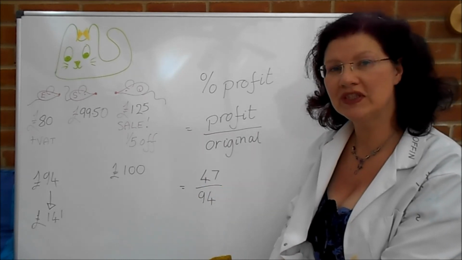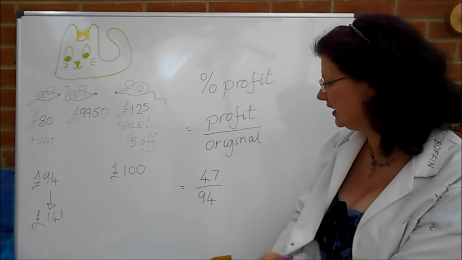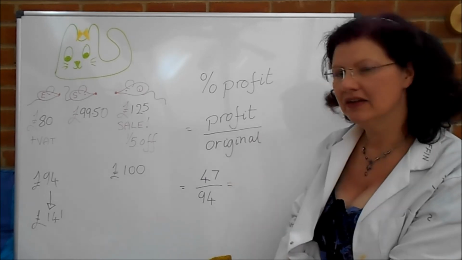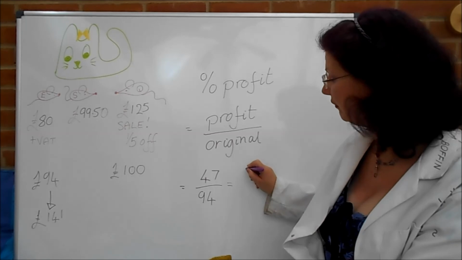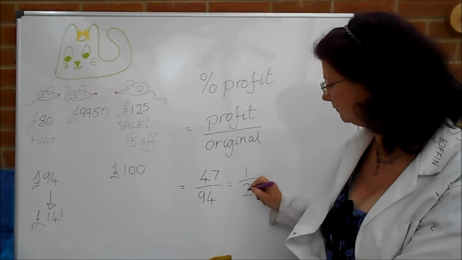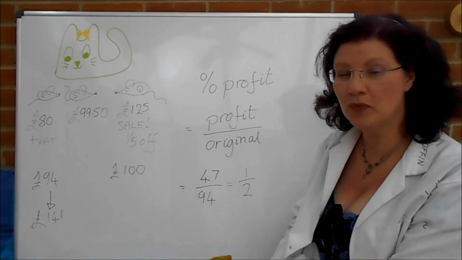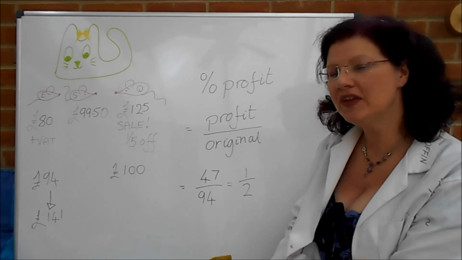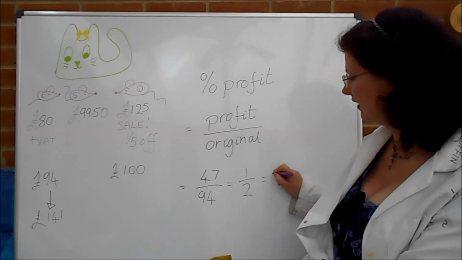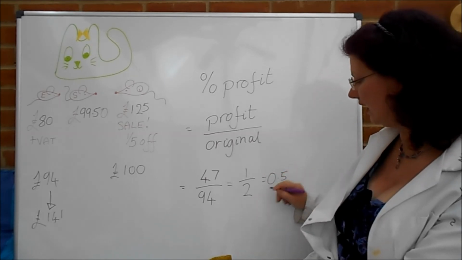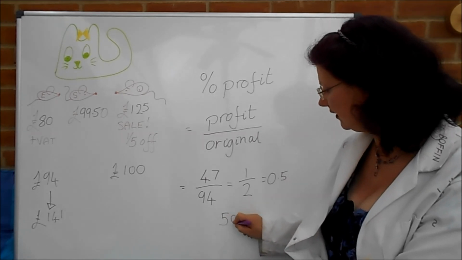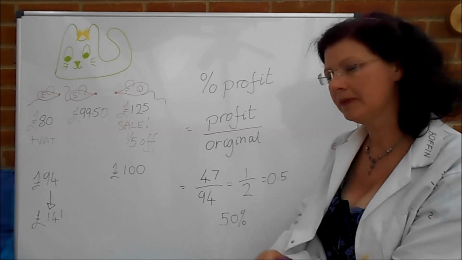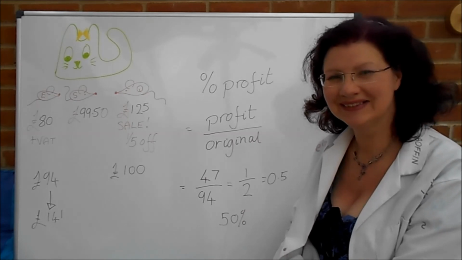So the profit was £47 out of the original one, 94, and that cancels down rather hideously to 1/2. 94 being double 47. So since it's a half, or in decimals, 0.5, when we put that into a percentage, it is 50%. 50% profit.